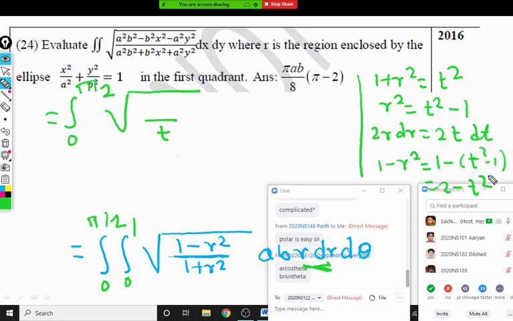So 2 minus t square upon t square is coming. So the denominator will be t square, no? Correct. It is 2 minus t square divided by t square. Good. And this is t dt d theta.